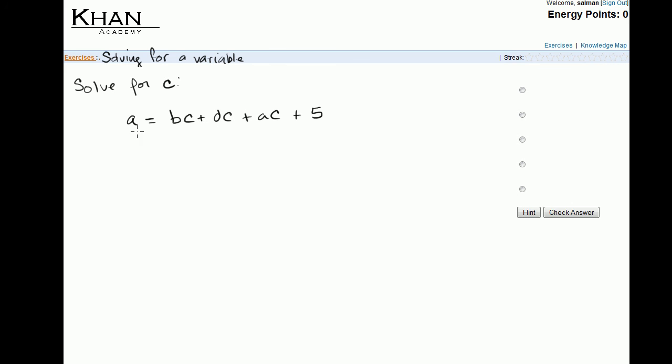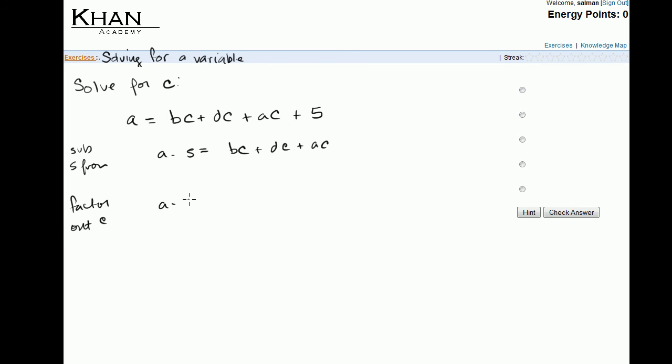So the first thing we could do, we could say subtract 5 from both sides. So you get a minus 5 is equal to bc plus dc plus ac. Then you could say factor out a c.